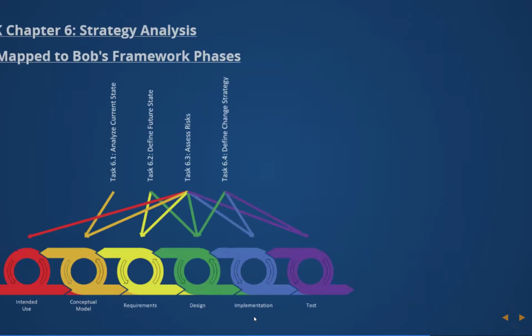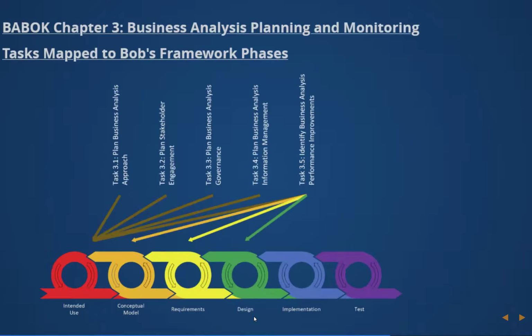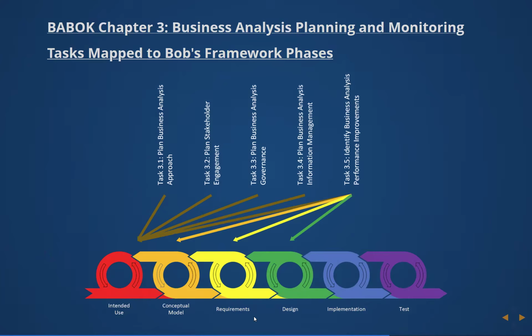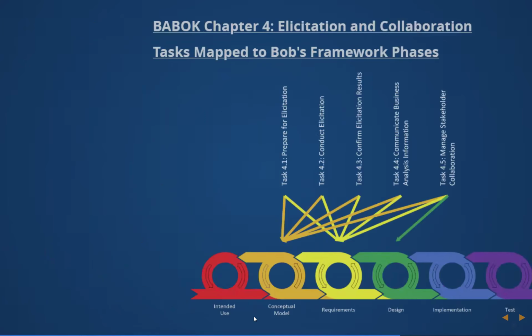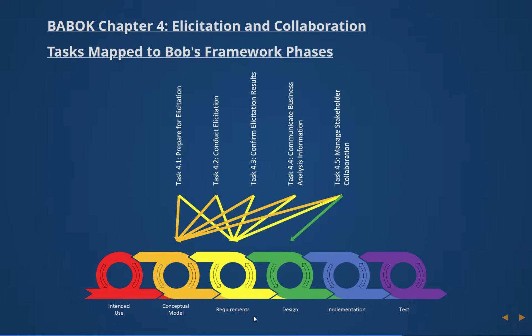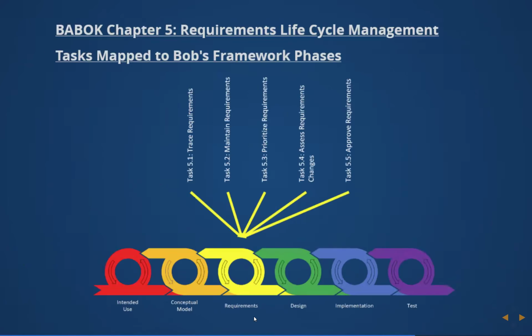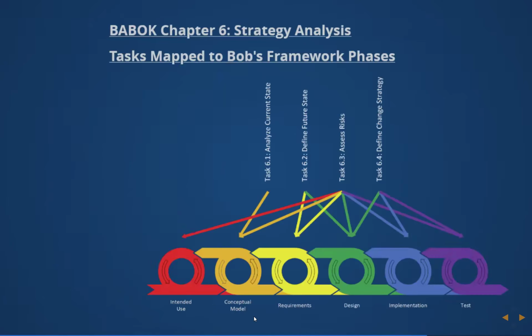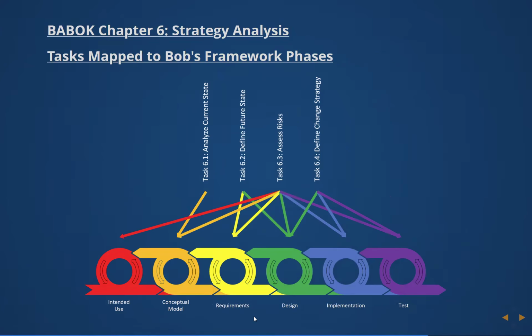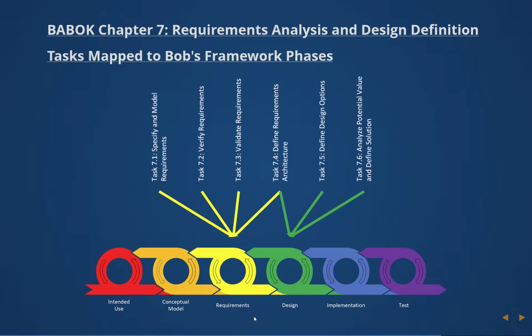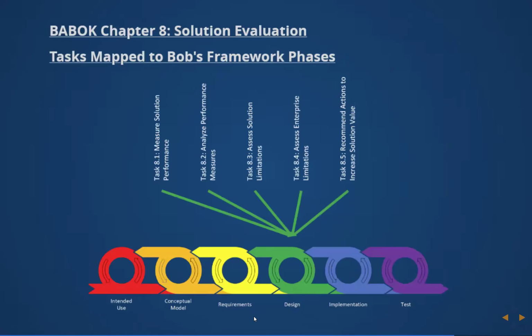So let's go back a few pages. Let's look at this. First of all, we're pointing mostly at planning and intended use. Then we're pointing mostly at conceptual model and requirements. Then we're pointing at requirements. Then we're covering the whole life cycle, and then we're doing requirements and design, and then we're just doing design.